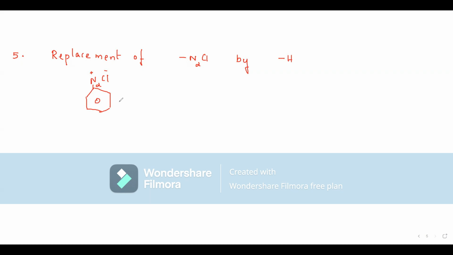Treat this with ethyl alcohol, C2H5OH, and the products that you get are benzene, CH3CHO (acetaldehyde), N2, and HCl.